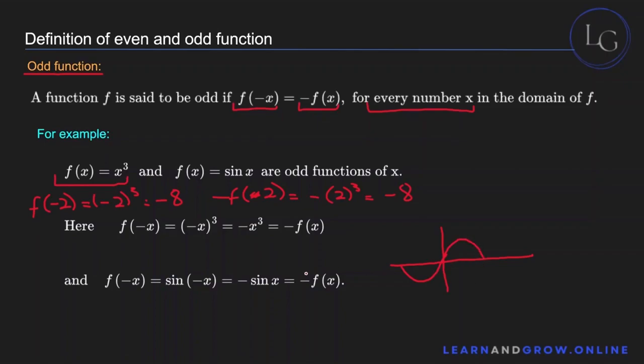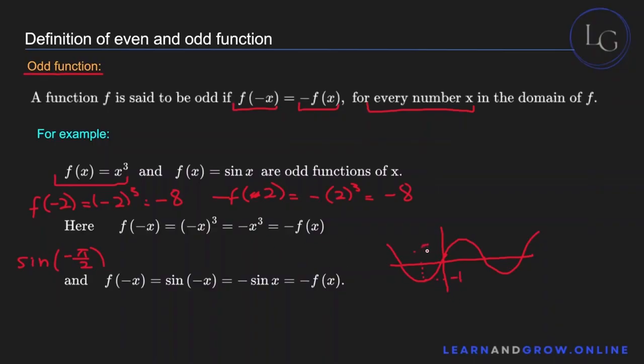Right? And it goes on from negative infinity. Now look over here. If you plug in pi by 2, sine of negative pi by 2, that is this part here, that yields a result of negative 1, right?